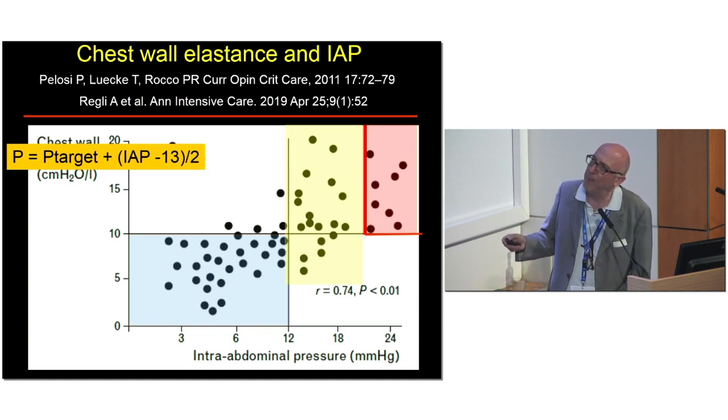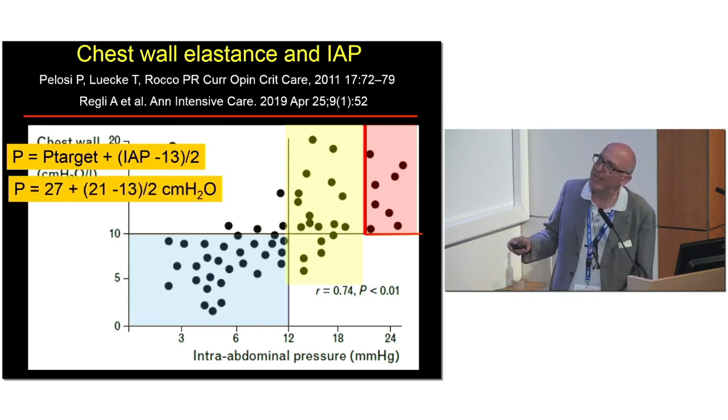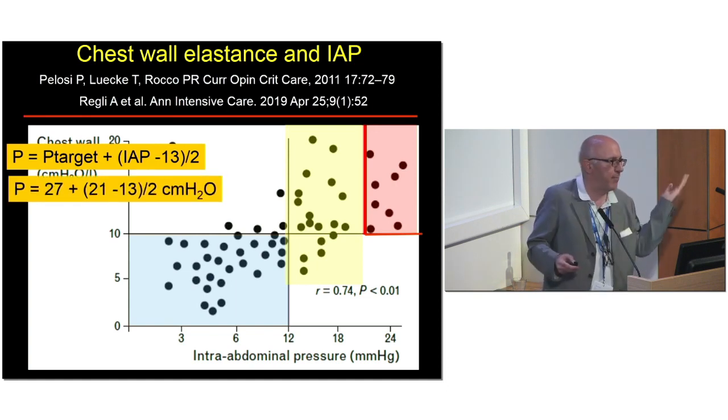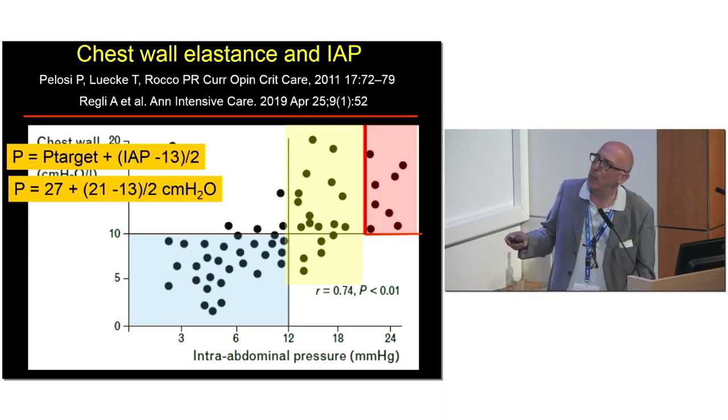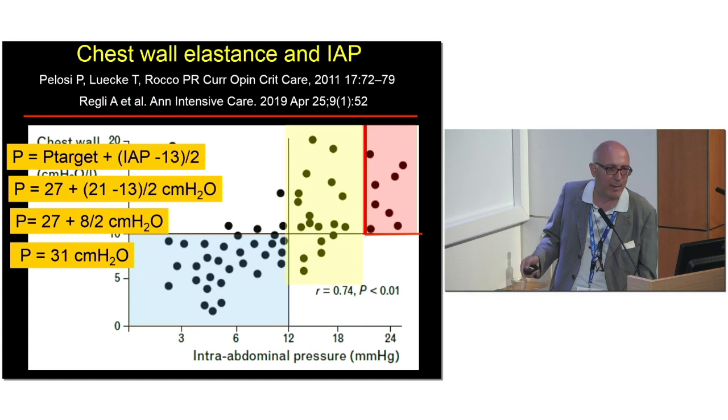Because half of the pressure in the abdomen is transferred to the pleura. So if you have a target of 27, for example, of plateau pressure, and an intra-abdominal pressure of 21, you can correct this measure very easily. 21 minus 13 divided by 2. So it means 27 plus 8 divided by 2, so 27 plus 4, 31.